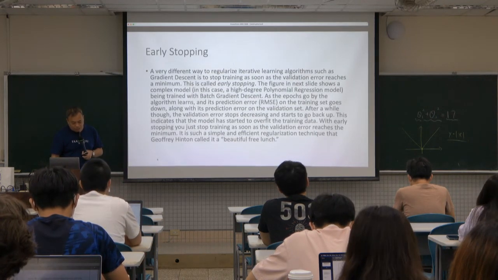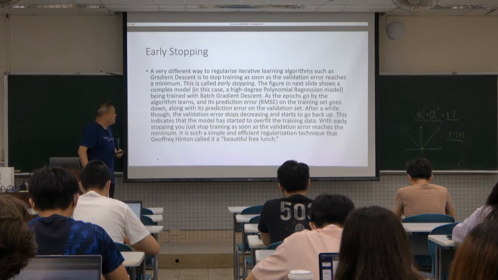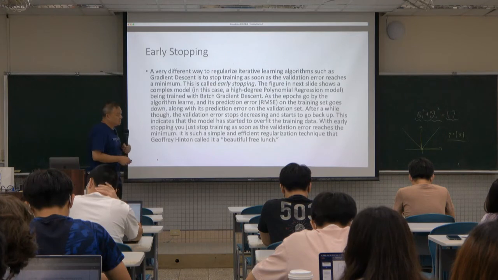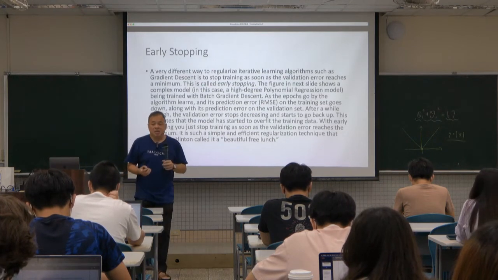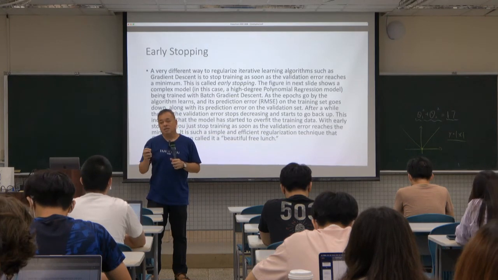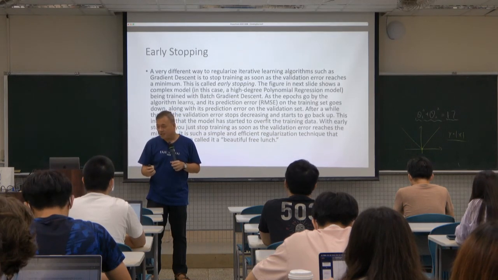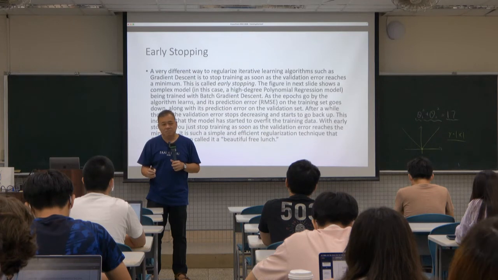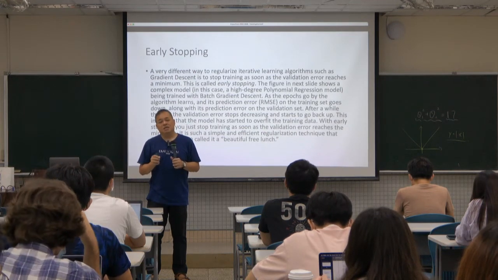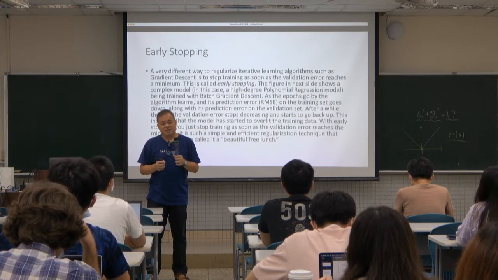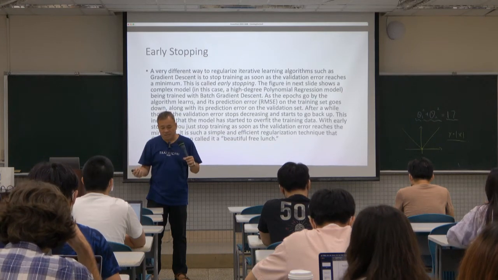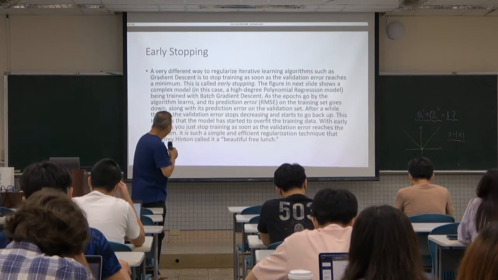The last concept to cover in this set of slides is early stopping. Remember, the purpose of introducing regularization is to fight overfitting, right? Because when the model is overfitting, it doesn't generalize so well to new data.